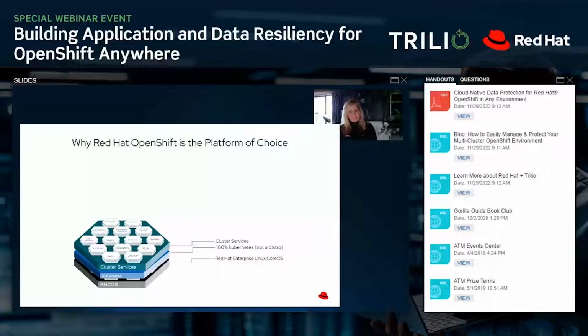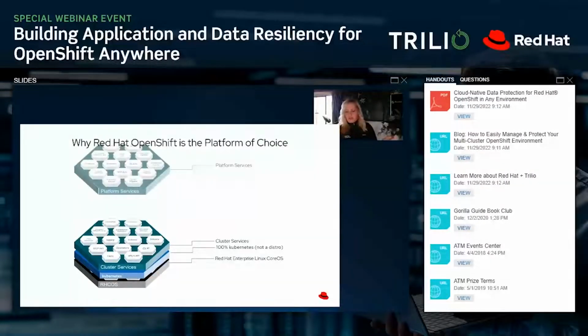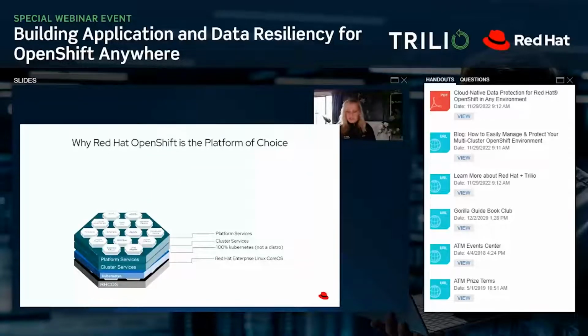Then we have built on top of that cluster services. All of these components that you see here are working together. What Red Hat does is we have a team that's constantly updating all of those singular components in an integrated fashion, and this is one of the reasons that OpenShift is so powerful for any environment, right?